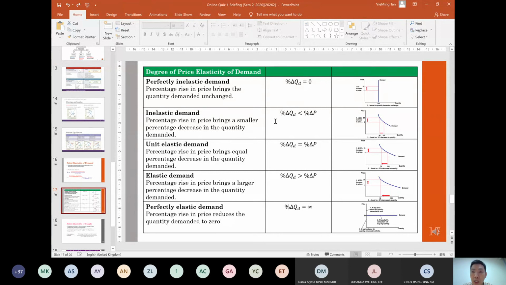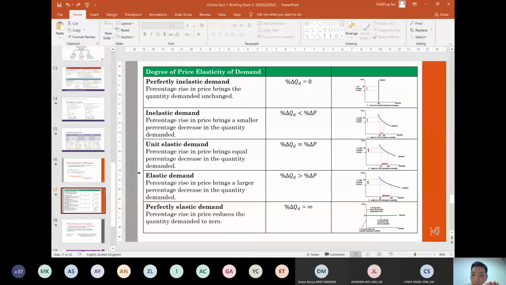Okay, so if the percentage change in quantity demanded is less than the percentage change in price, then we can conclude the product has inelastic demand. So bear in mind, when you want to do this comparison, try to ignore the negative sign. But when you want to do calculation using the formula, you have to put the negative sign.